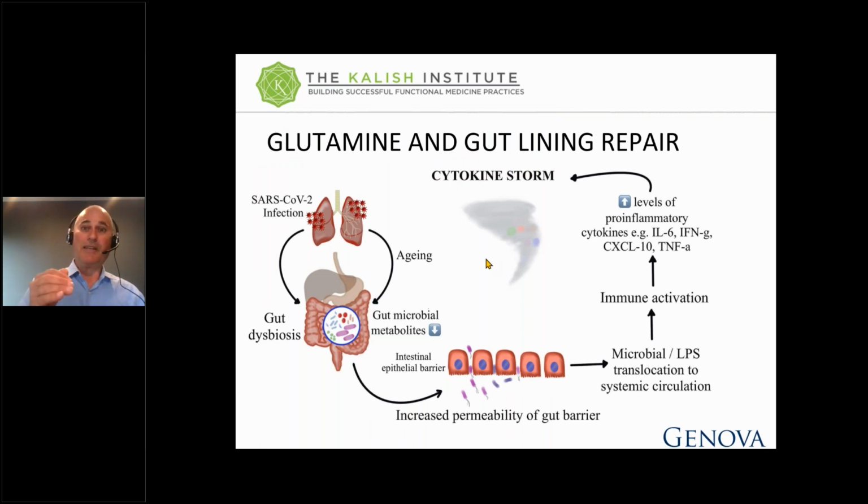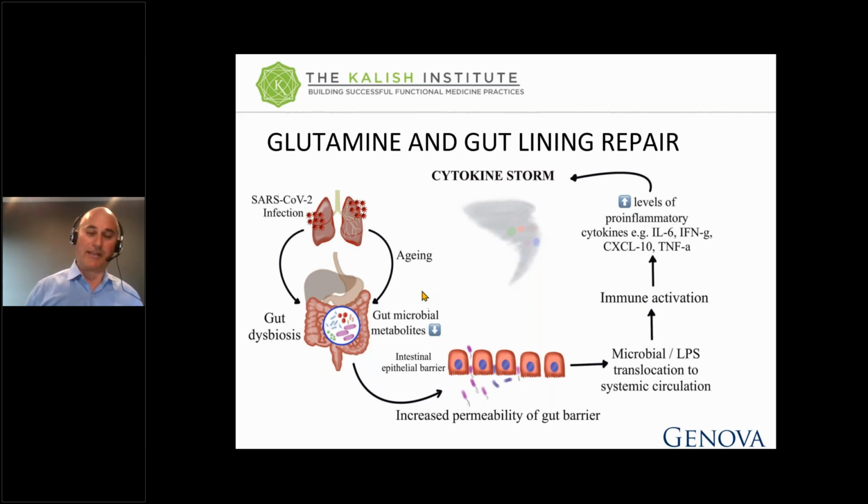Similarly, glutamine in the gut lining, there's tons of research on this right now. You can look this up later. But in SARS-CoV-2 infections, there is a strong link between how people respond to COVID and whether their gut microbiome is in good shape or not. There's also a strong link between people who get SARS-CoV-2 and having gut problems afterwards. So if your gut is not in good shape and you get COVID, the outcomes are not so great.